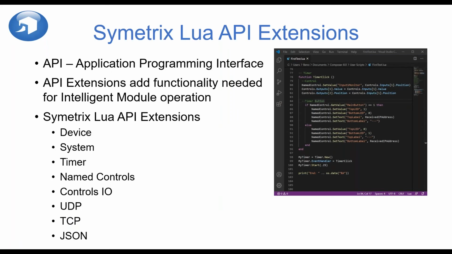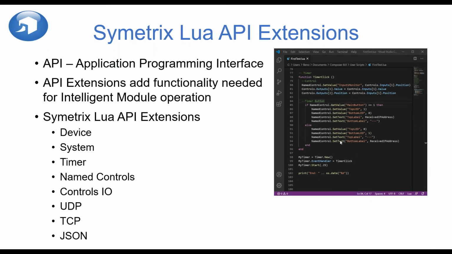And as I mentioned, Lua is extended really easily. And so we've created a variety of API extensions. API stands for Application Programming Interface. And these extensions add functionality needed for intelligent module operation. So they allow you to have access to the things that the intelligent module needs you to control and monitor.